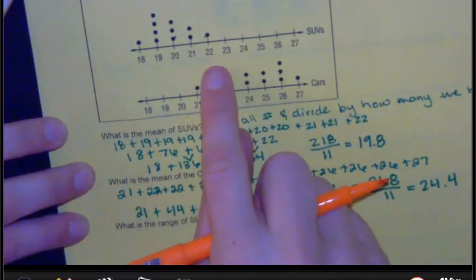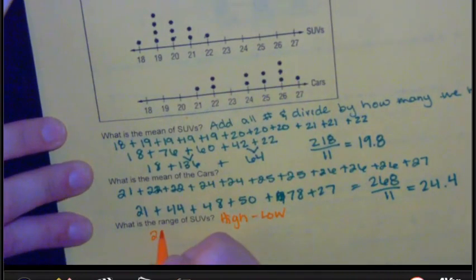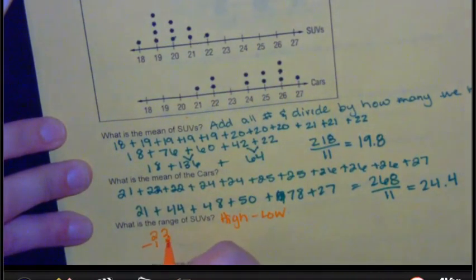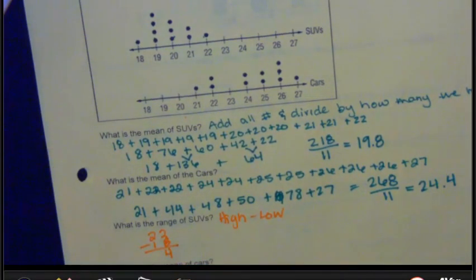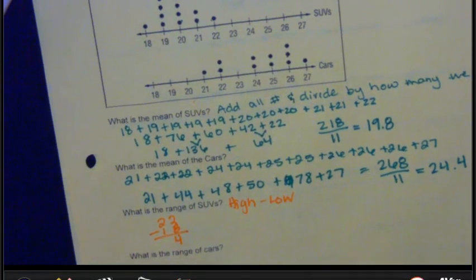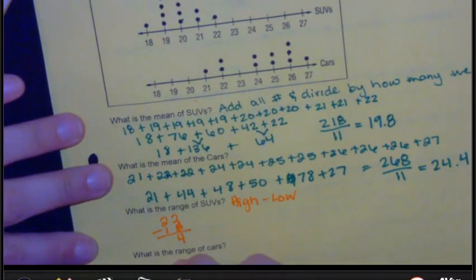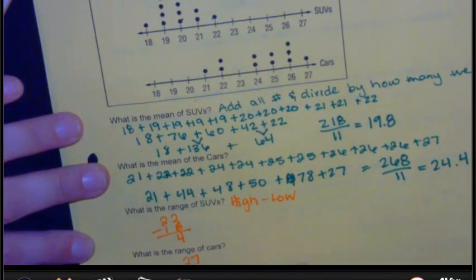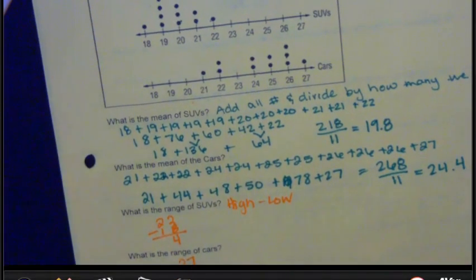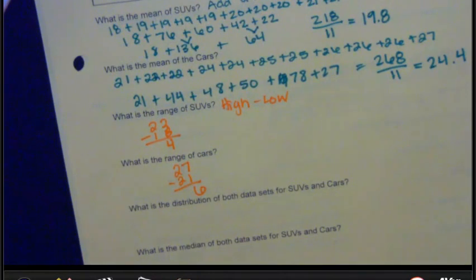For SUV, my highest number is 22, minus my lowest is 18, and my range should be 4. For cars, my highest number is 27, minus my lowest number is 21, and the range is 6. So which one has a greater range? Cars has the greater range.